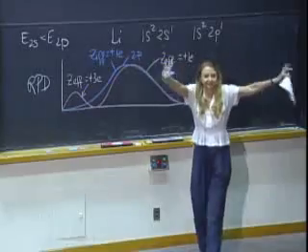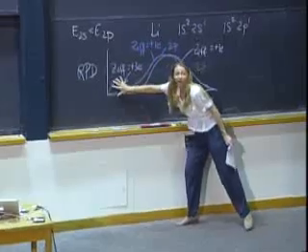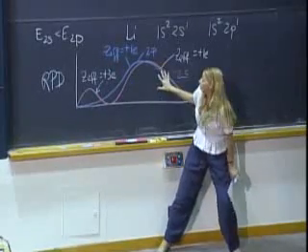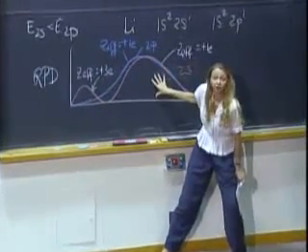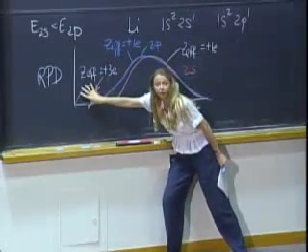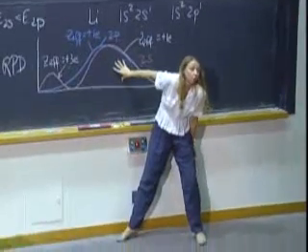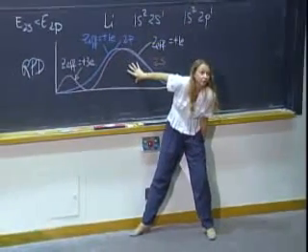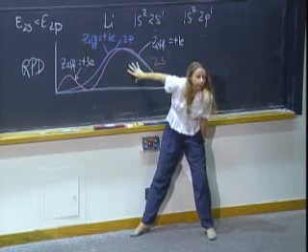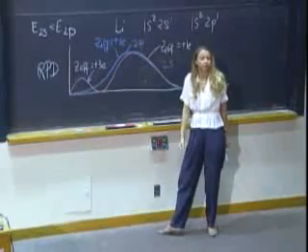But now to get the total effective charge, I'm going to have to take the effective charge and average it over this probability distribution function. Since in the 2s function I'm averaging over a part that has a plus 3 effective charge and a part that has a plus 1 effective charge, that average is going to be larger than the effective charge of the 2p wave function, right?